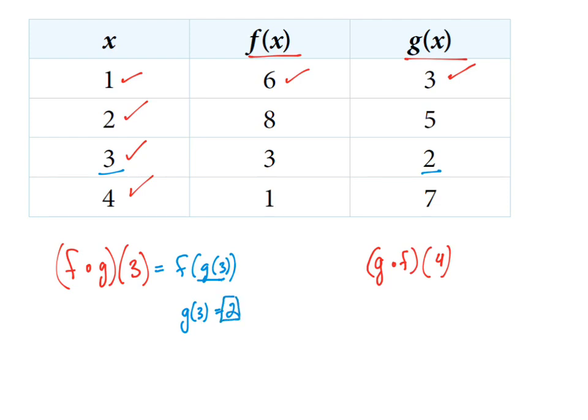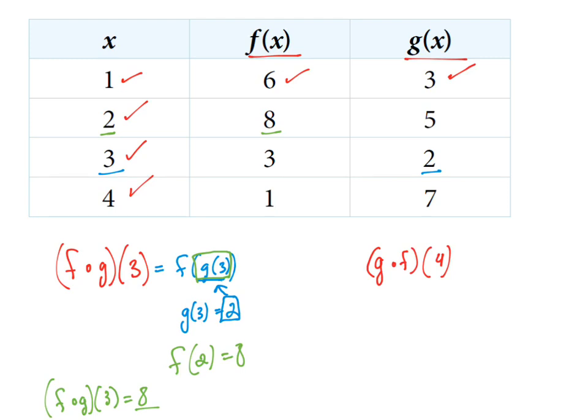So this 2 is going to go in right here. So the last step here is now we're going to say f of, in place of g of 3, we're going to place 2. So when we put 2 into the f function, we get 8. Okay, so when it's all said and done, we could say f circle g of 3 is equal to 8.